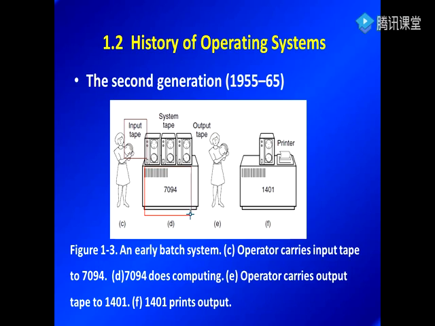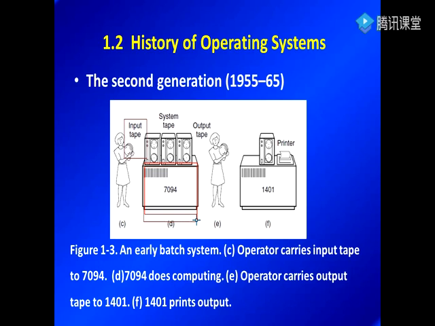which is responsible for the processing, for the execution of the program. So the operator needs to input this tape to this computer called 1794. This is the second computer in the whole system.